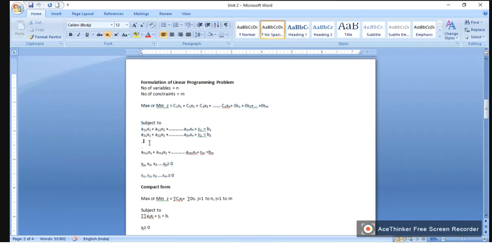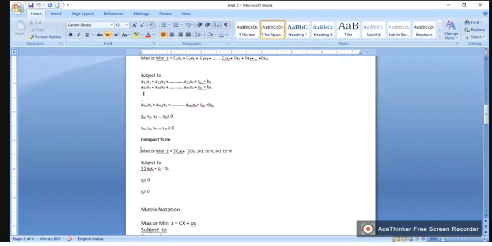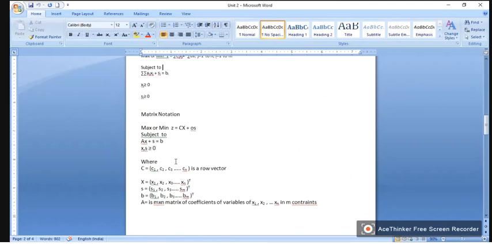Okay, so I will be giving this file to you. You can understand, it is easy. The formulation can also be written in compact form like this. The same formulation but written in a compact form. This is another way of representing the standard formulation, and we can also represent the formulation in matrix notation like this.